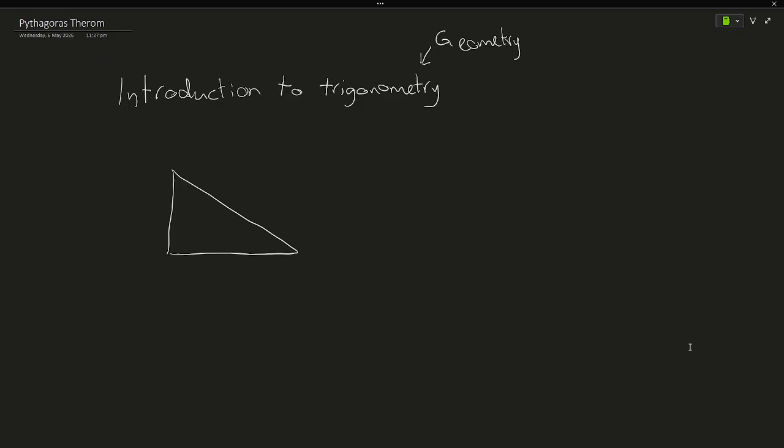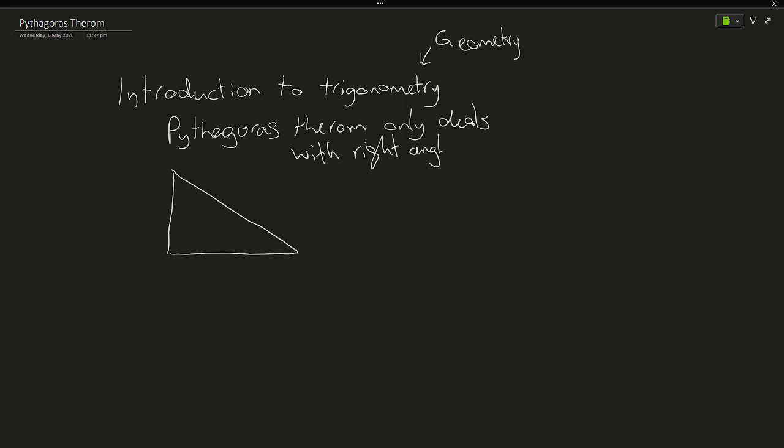So Pythagoras Theorem only deals with right-angled triangles. So this is what you call a right-angled triangle.